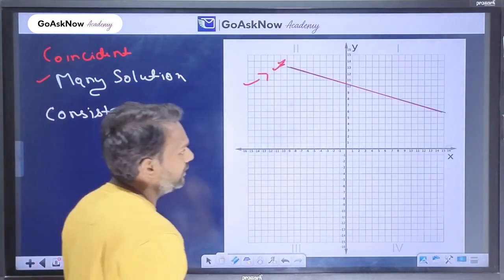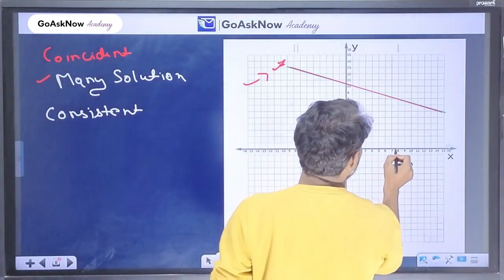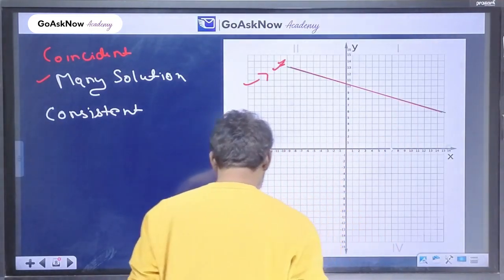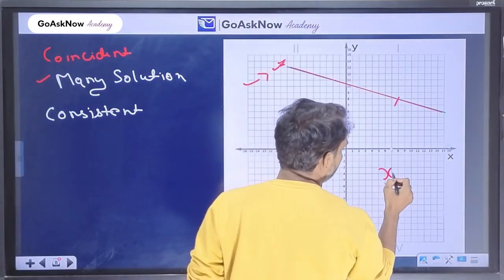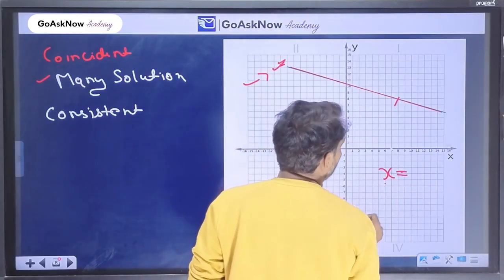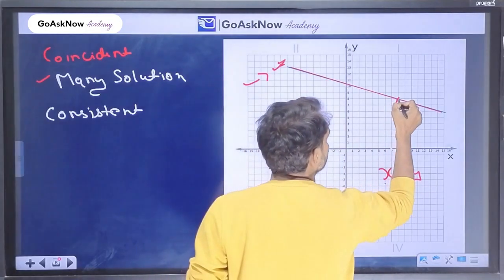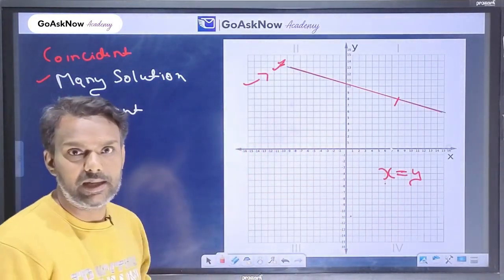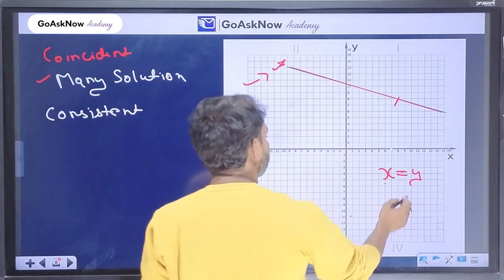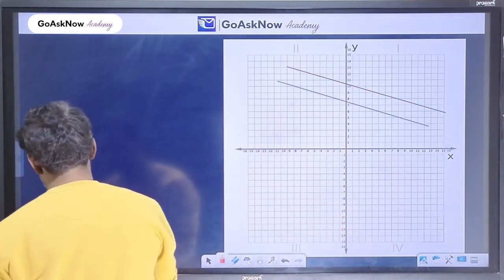Many solutions means that if x is 7, both the lines have the same values at every point. Okay.